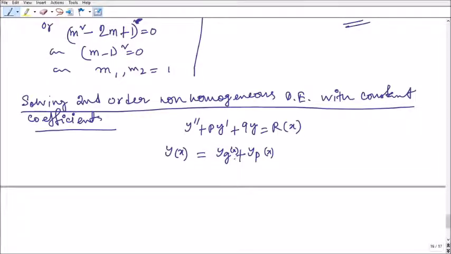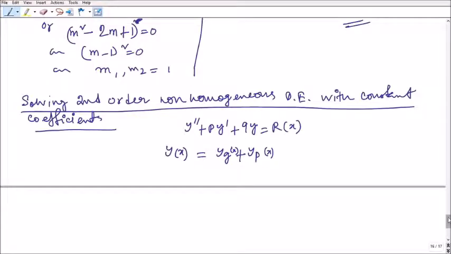We know how to calculate yg, and then we have to find yp, and then add yg and yp to get the complete solution of a non-homogeneous differential equation with constant coefficients.